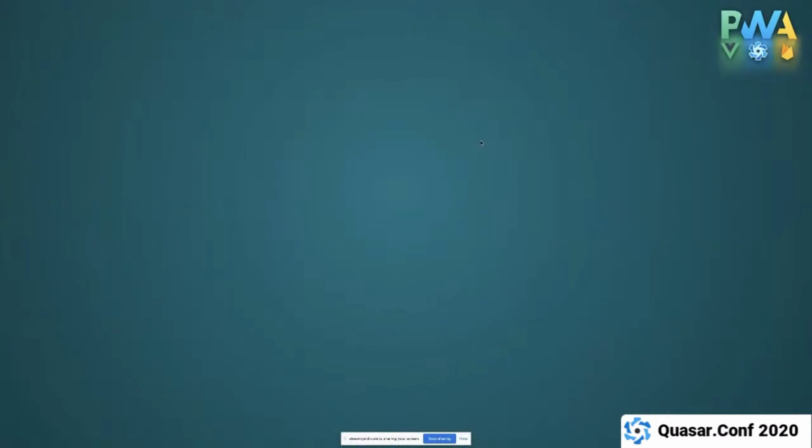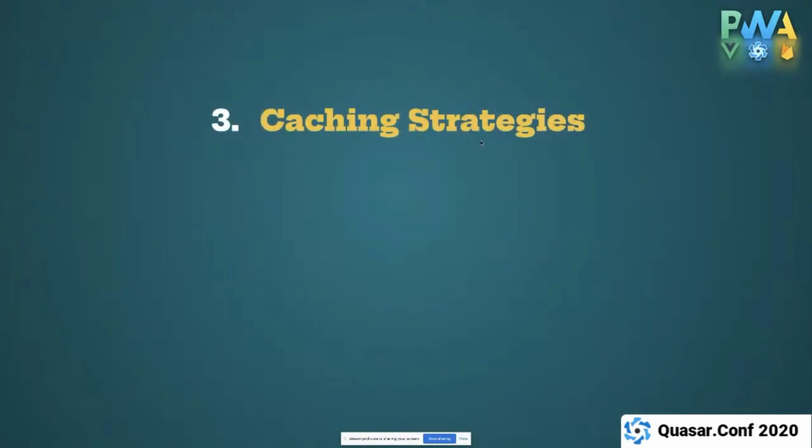And the next one is caching strategies. So what are caching strategies? Well, precaching handles the caching of all our local files, all the files that are local to our project. What about external requests? Whether that's a request to an image file or a font file or an API endpoint, we also want to be able to cache those requests as well.